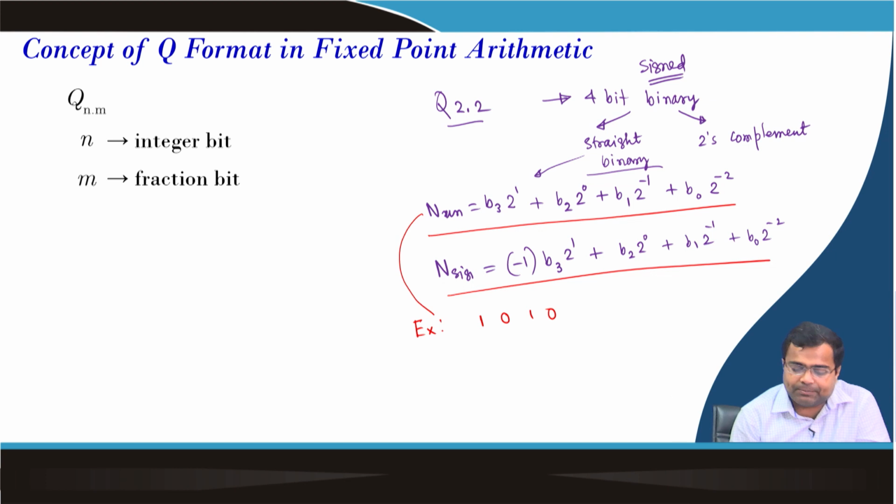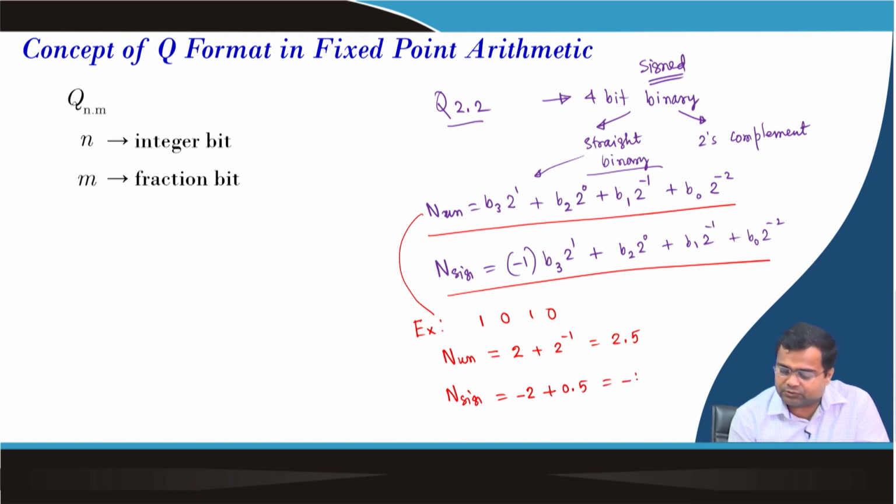As an unsigned number, how much will it be? The first digit is 1, so there will be 2, then the third digit is 1, so it will be 2 to the power minus 1, so it will be 2.5, correct. What will be the signed number? Because the sign bit is 1, it will be minus 2 plus 0.5, so it will be minus 1.5.